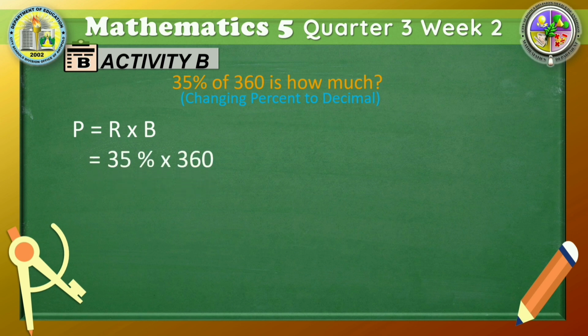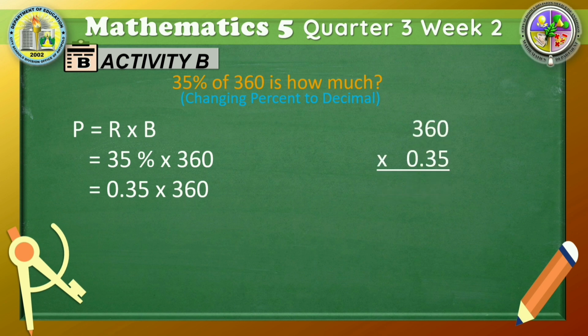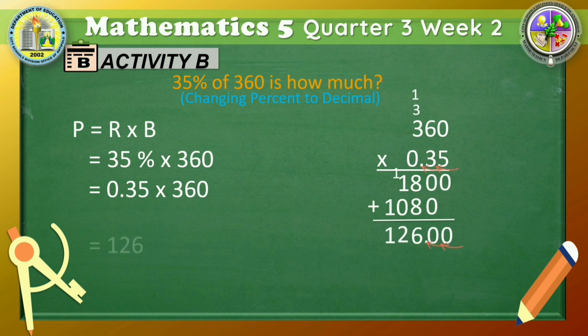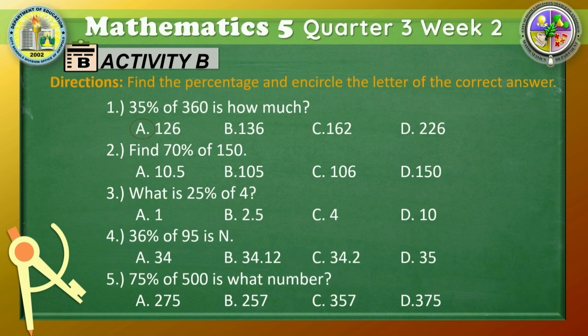So we have 35% times 360. Let's change 35 to decimal. This will be 35 hundredths times 360. We already know how to multiply decimal numbers. So the answer is 126 or letter A.